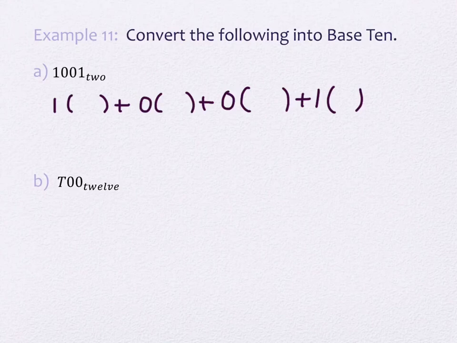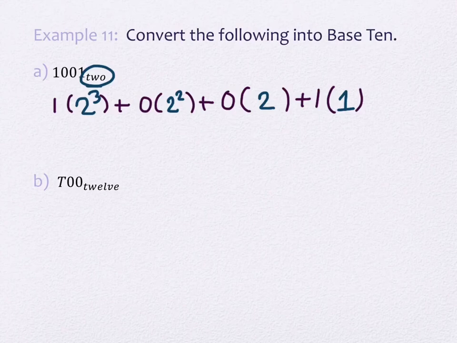It's base 2. So in base 2, all the powers are 2's. Now, the first one's always 1. It's 2 to the 0, but it's always 1. The second one, working from right to left, is a 2. And then I have 2 squared, 2 cubed, and if it continued, I'd have 2 to the 4th, 2 to the 5th, 2 to the 6th, and so on.